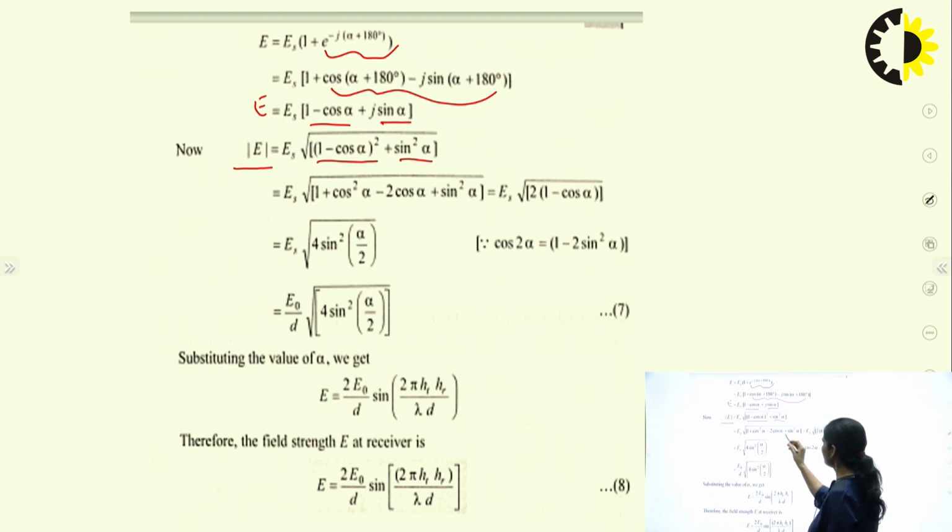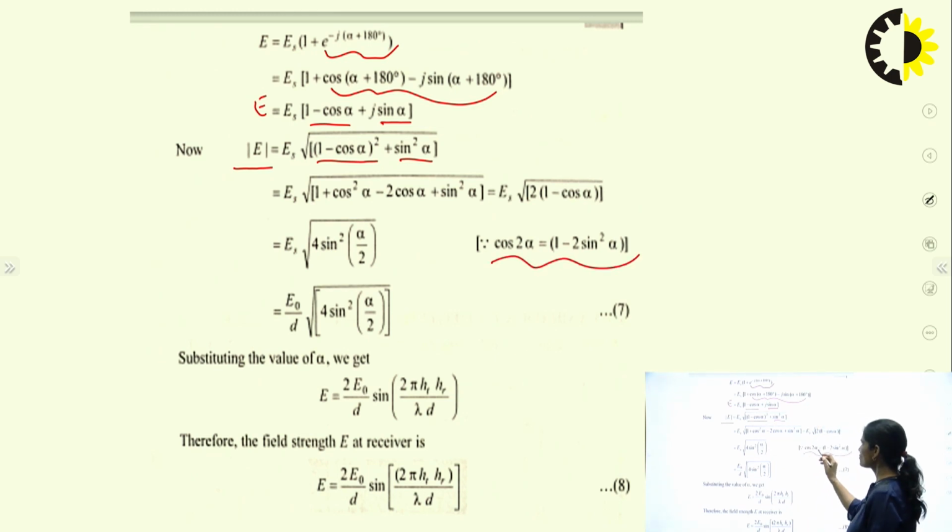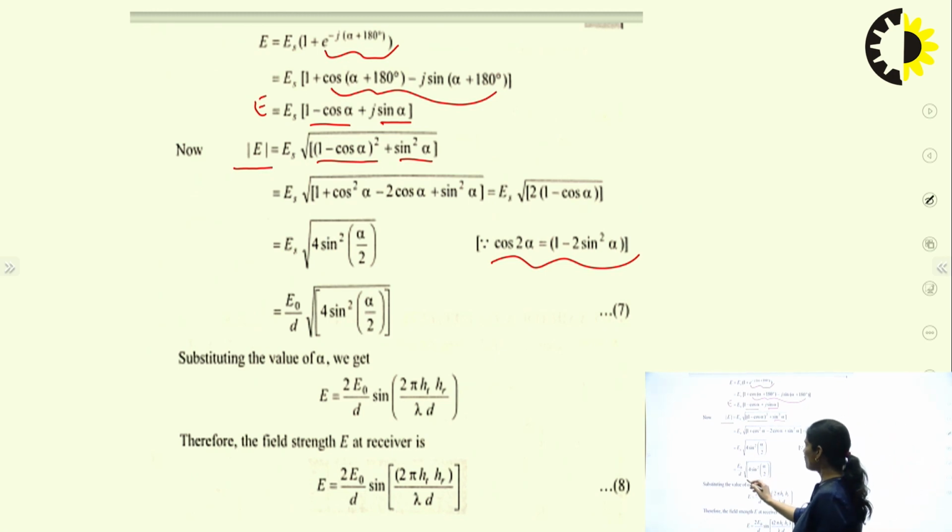When you are solving this, you will get this term: cos 2 alpha is equal to 1 minus 2 sin squared alpha. Right. So finally we are getting E is equal to E0 upon D. So ES is equal to E0 upon D under root (4 sin squared alpha by 2).